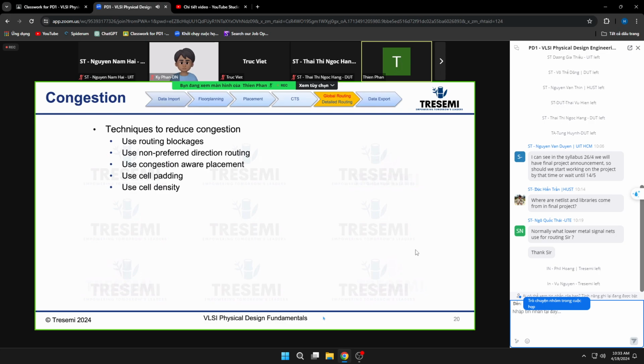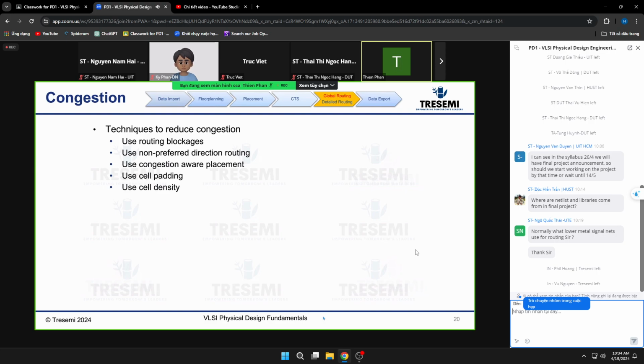But hopefully you did a good job during placement and CTS before you come to routing. Because if the problem is so bad, you should have seen it during CTS. It's very unlikely that you have perfect congestion after CTS, and all of a sudden you come into routing and the congestion is so bad.